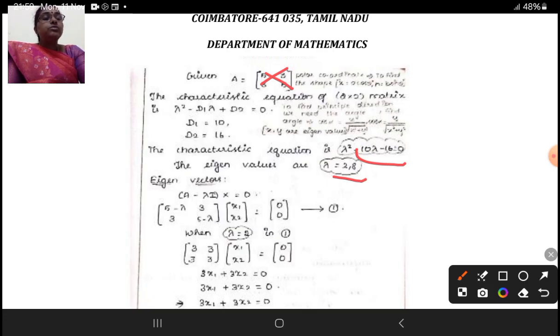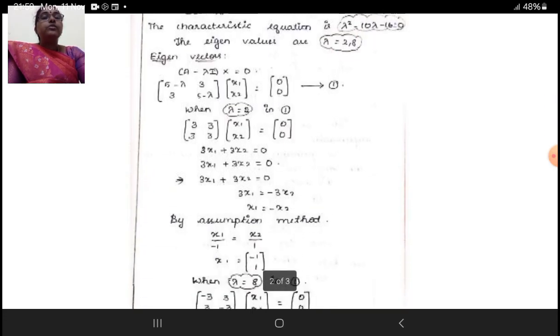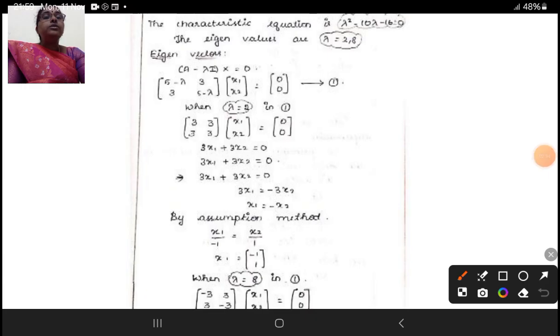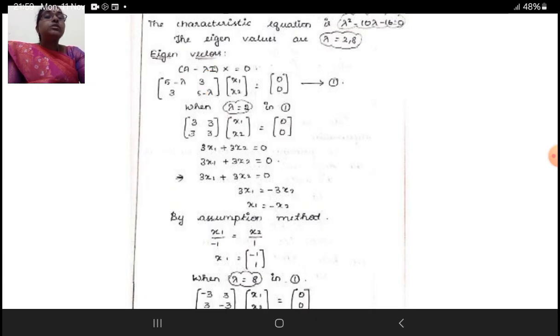Next we move on to the eigenvectors. The eigenvector satisfies (A minus lambda I) x equal to 0. Writing it out with lambda subtracted along the diagonal: [5 minus lambda, 3; 3, 5 minus lambda] times (x1, x2) equal to 0.